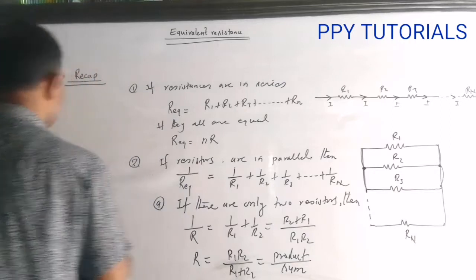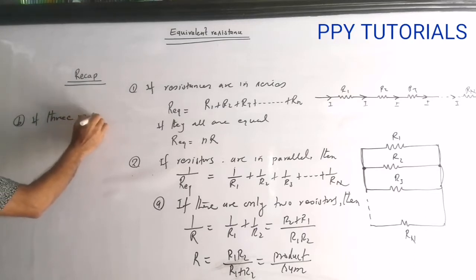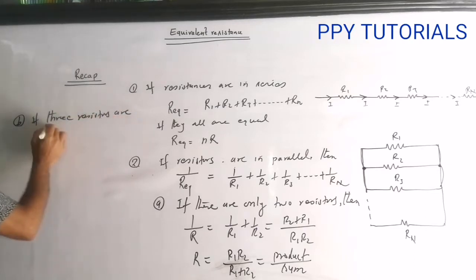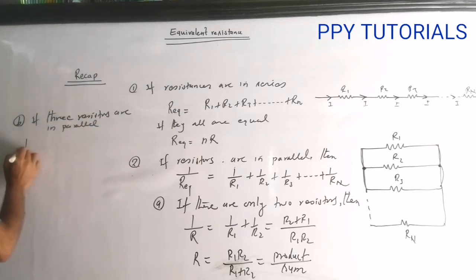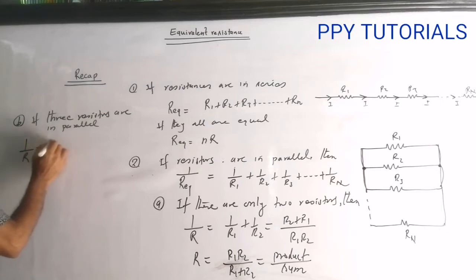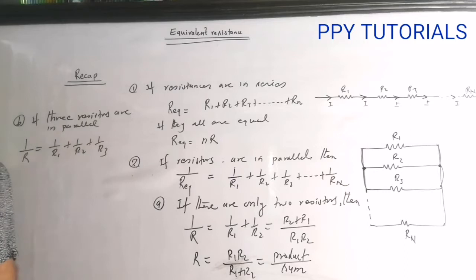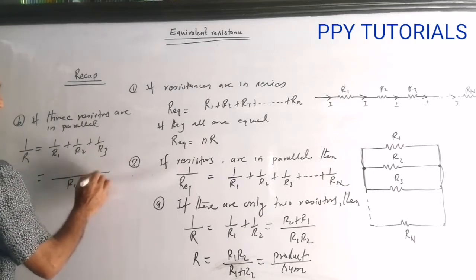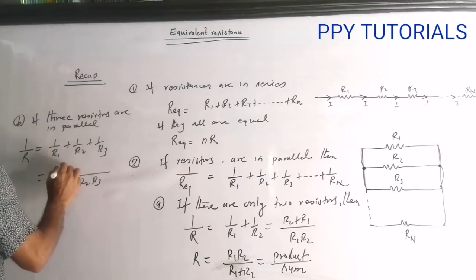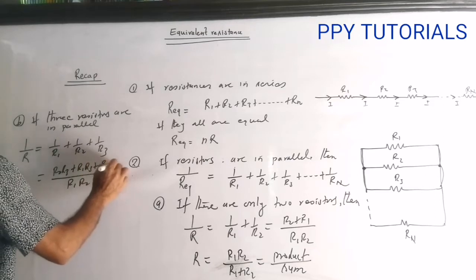Now, if 3 resistors are in parallel, then what will we get? 1 by R equals 1 by R1 plus 1 by R2 plus 1 by R3. Again you take the LCM, R1 R2 R3, and multiply. This will be R2 R3, here you get R1 R3, and here you get R1 R2.